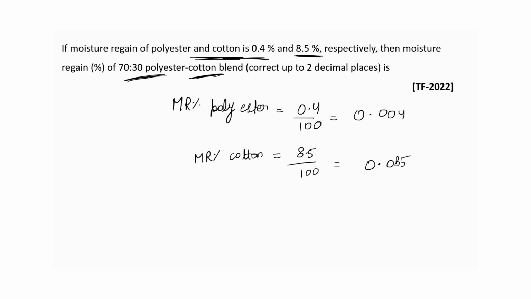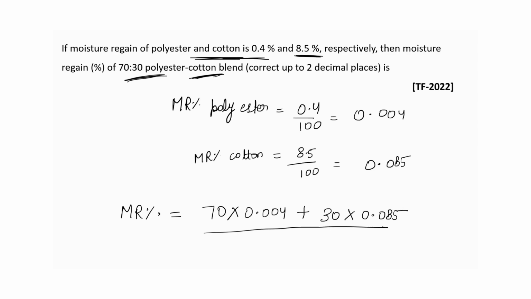Since it is a blend of 70 to 30, the moisture regain of the blended fabric is: 70, polyester, into moisture regain of polyester 0.004, plus 30, cotton, into 0.085, upon the total mass, 70 plus 30, that is 100, into 100%.